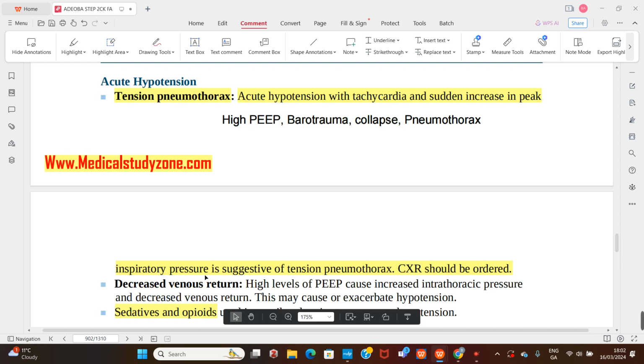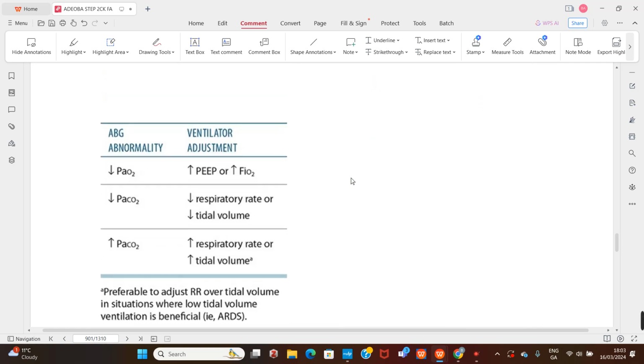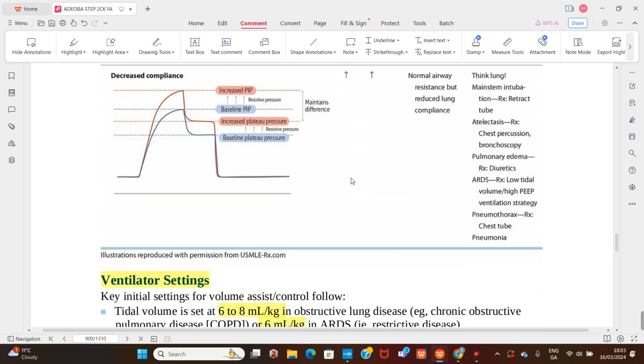It can be an increase in the plateau pressure. Of course, if plateau pressure doesn't increase, peak inspiratory will increase. So you know that there's likely to be tension pneumothorax, because that's the only condition out of this abnormality that we have said that can really cause hypotension like that.